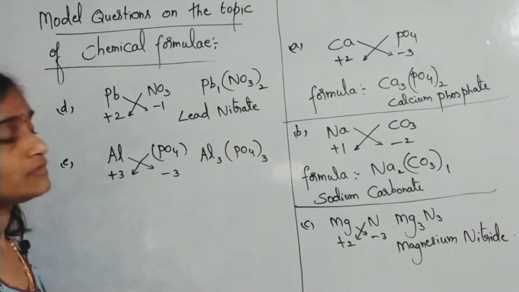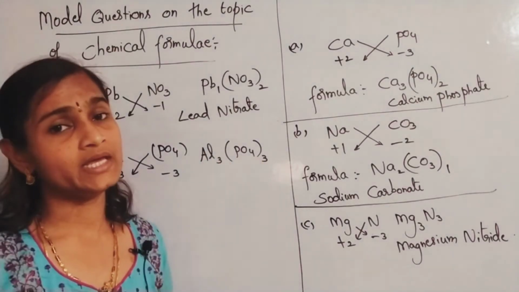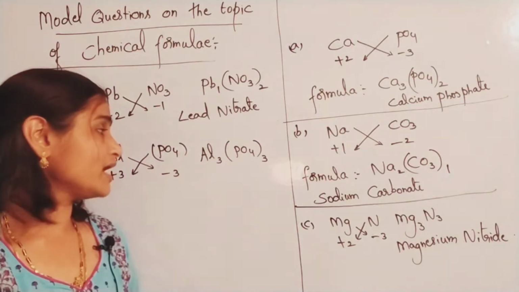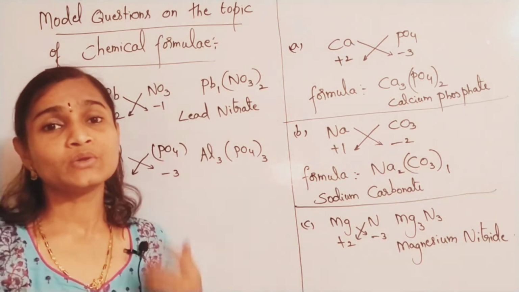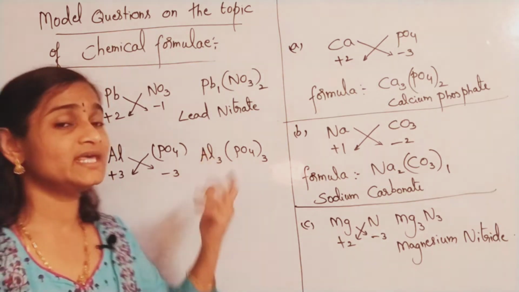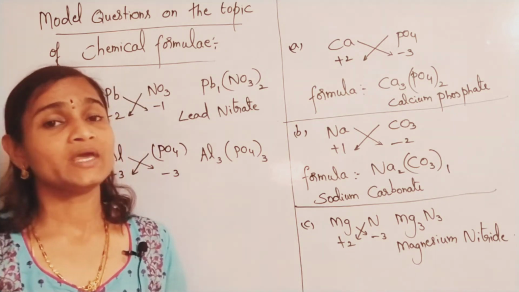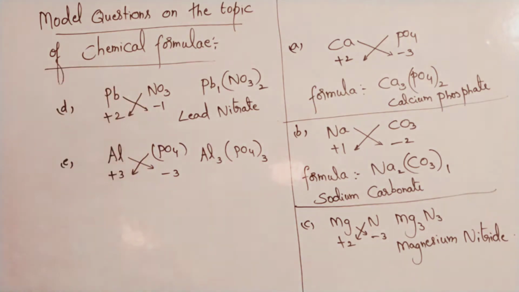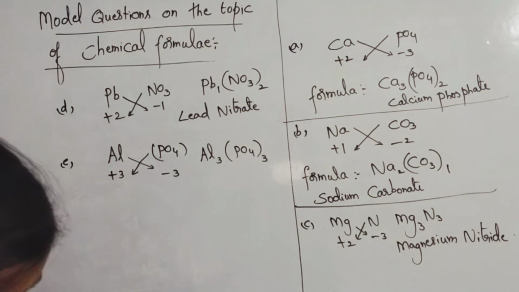You are having same numbers, so you can cross over them and you will be getting 1 also. So AlPO4 also you can write.